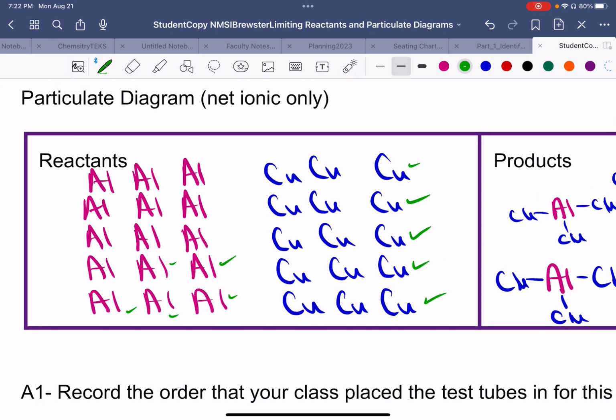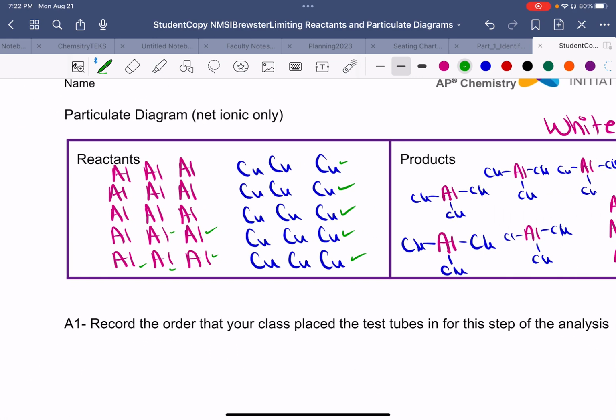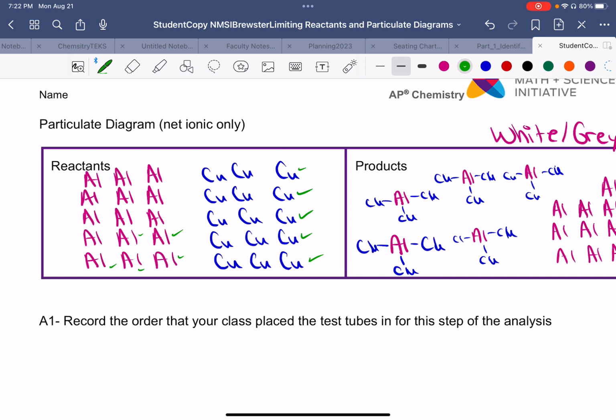Since my equation has that I have 1 aluminum for every, sorry, for every copper, oops, I messed that up.